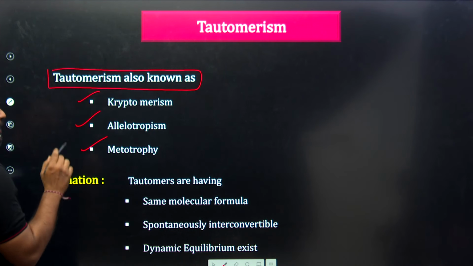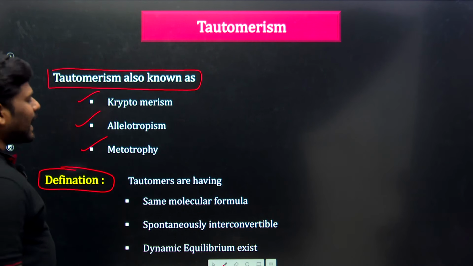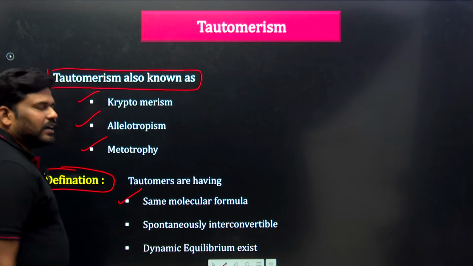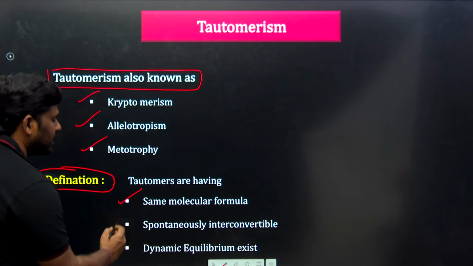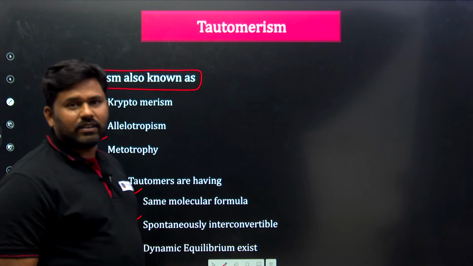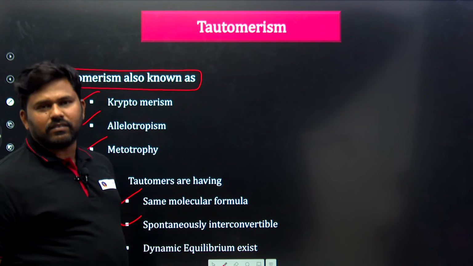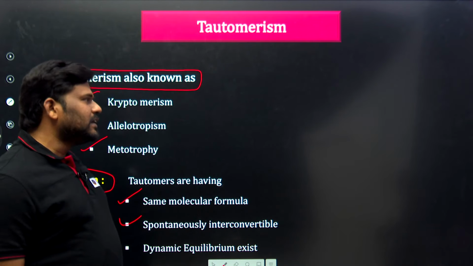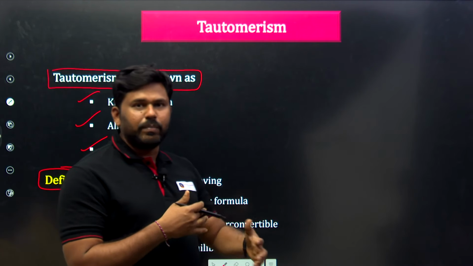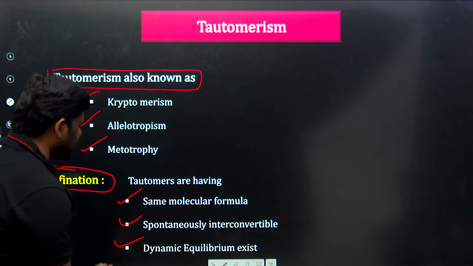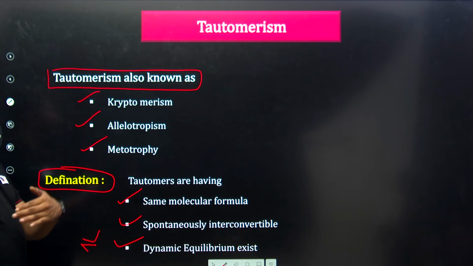Right. So the simple definition for tautomerism: tautomers have the same molecular formula. They are spontaneously interconvertible, for example A to B, B to A, rapidly interconvertible. Dynamic equilibrium exists, with a forward and a backward reaction.